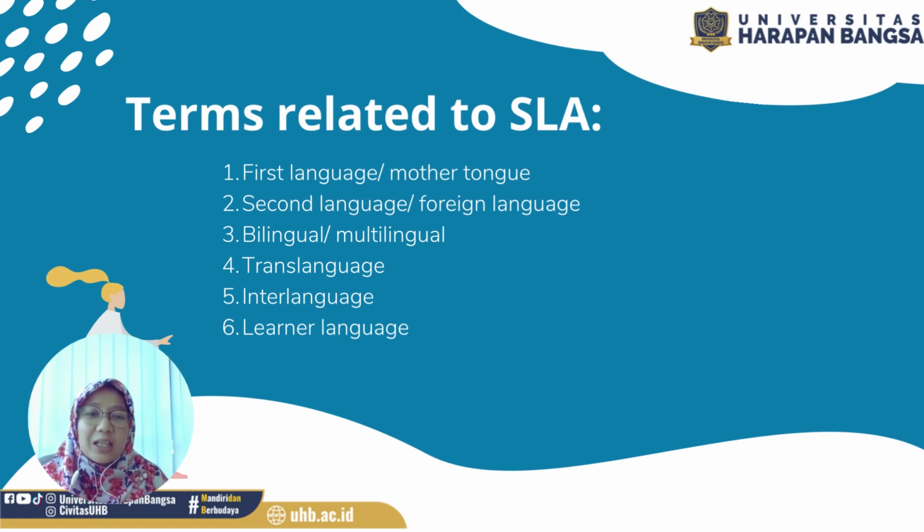This can include languages that are learned in childhood, such as when a child moves to a new country and learns the language of the new country, or languages that are learned later in life, such as when an adult learns a new language for work, travel, or personal enrichment.